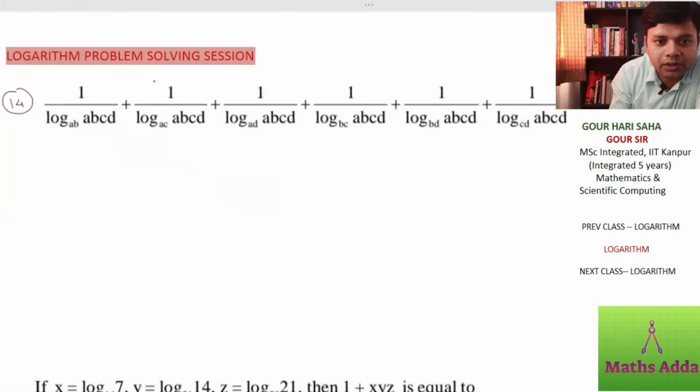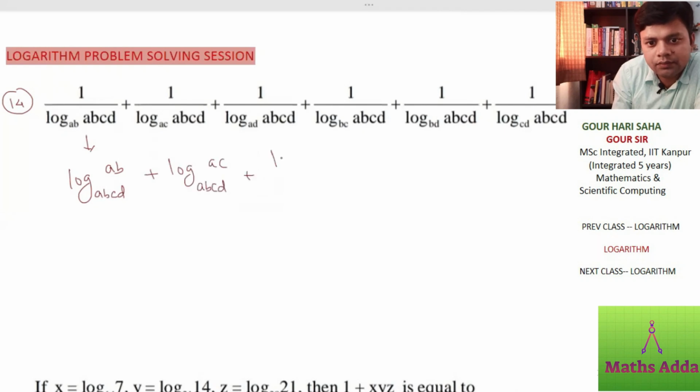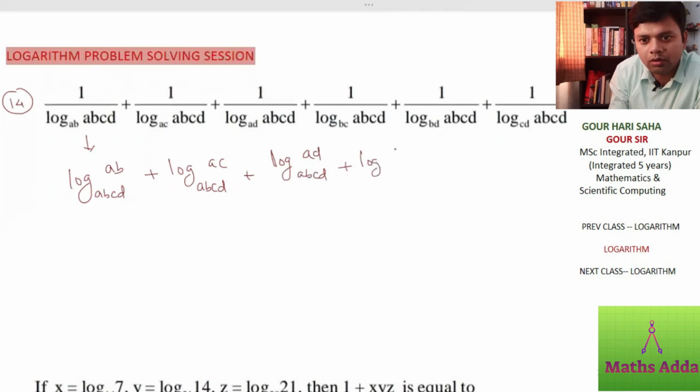Okay, so the first term will become, second term will become, third term will become log of AD base ABCD. Similarly this one log of BC base ABCD, log of BD base ABCD, and this is log of CD base ABCD, right?